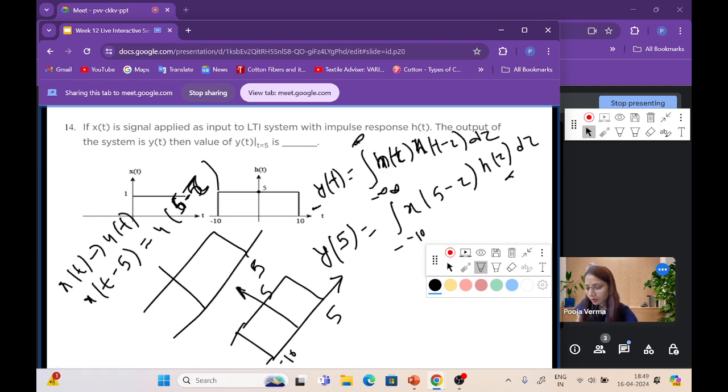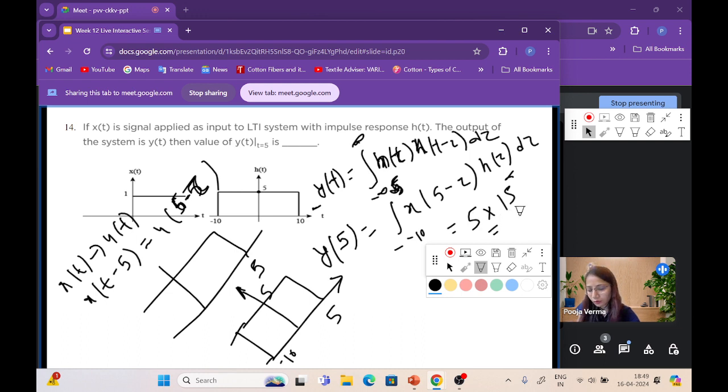So what we will get in this place: what is the area under this, how will we calculate? 5 into 10 plus, it varies from 10 to 5, then tau into 15.